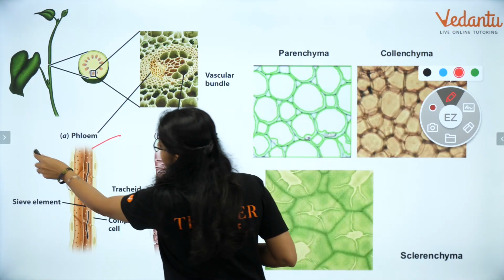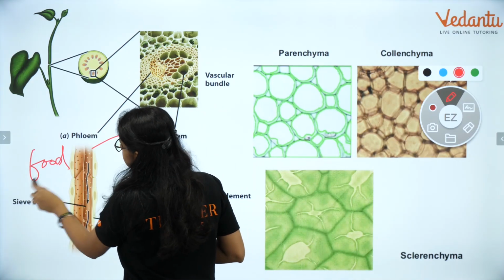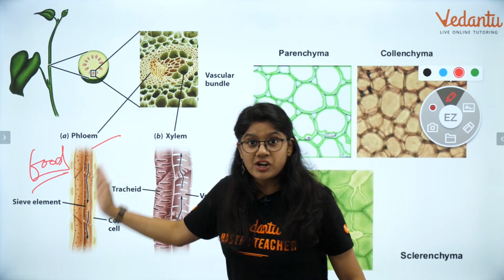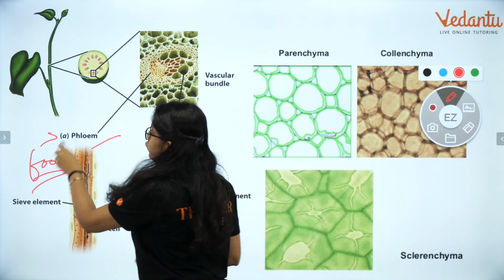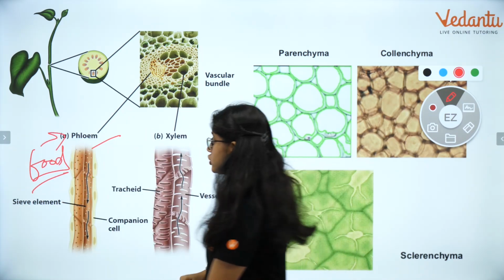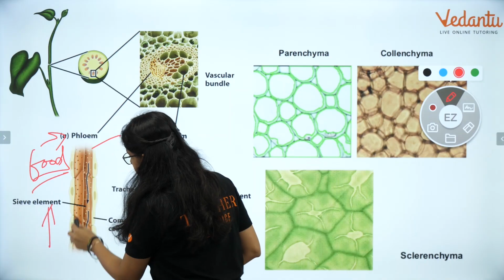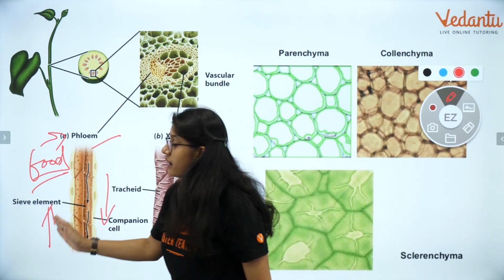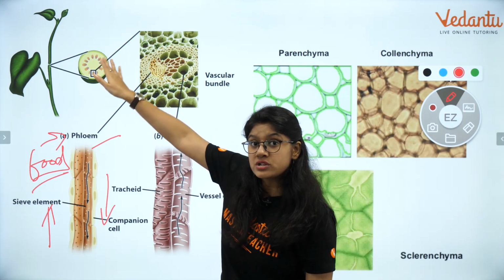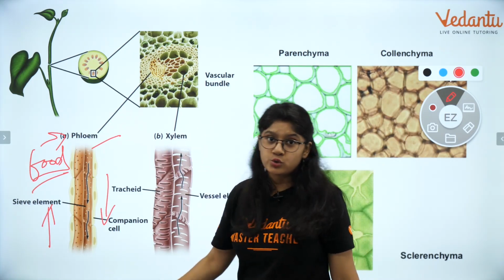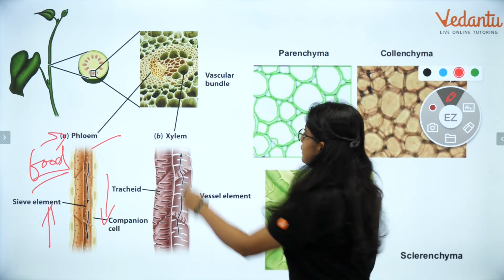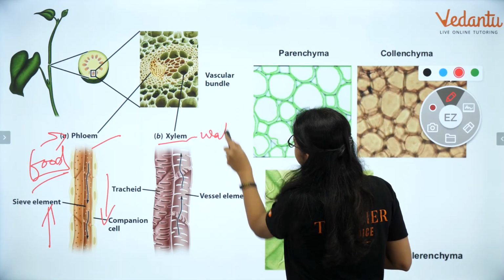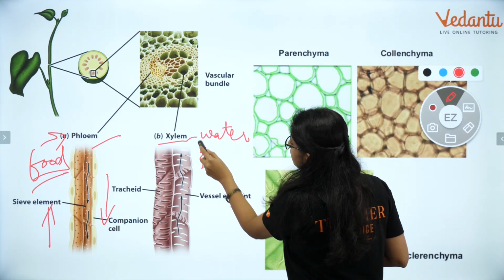Phloem helps in the food transportation. Okay, food transportation is done by the phloem. It is bidirectional. The phloem can carry the food in both directions. It can carry the food from roots to the shoot and from shoots to the root. Whereas xylem carries the water, and what did it carry, everyone?